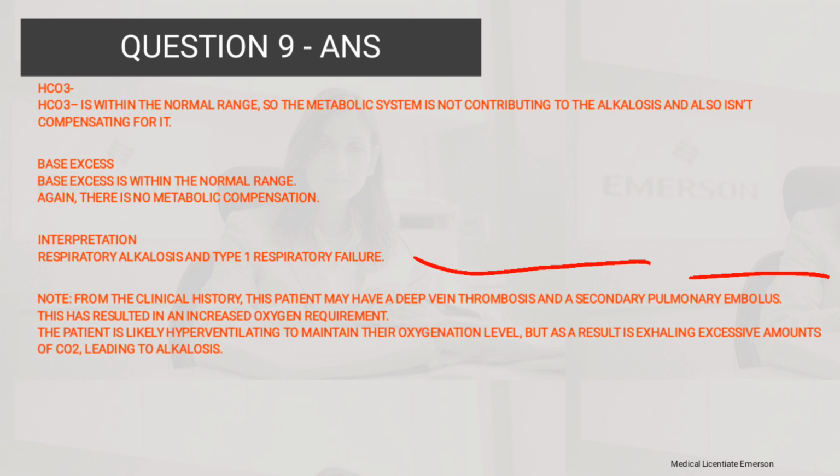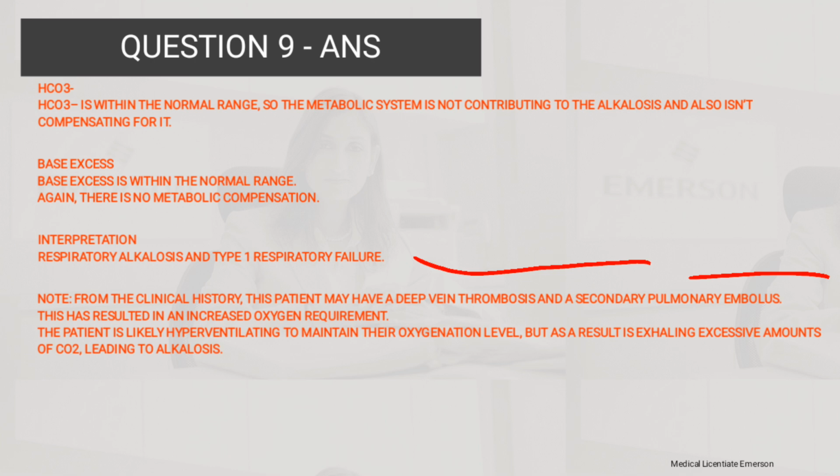So this has resulted in an increased oxygen requirement. So the patient is likely hyperventilating to maintain their oxygenation level, but as a result is exhaling excessive amounts of carbon dioxide, leading to alkalosis.